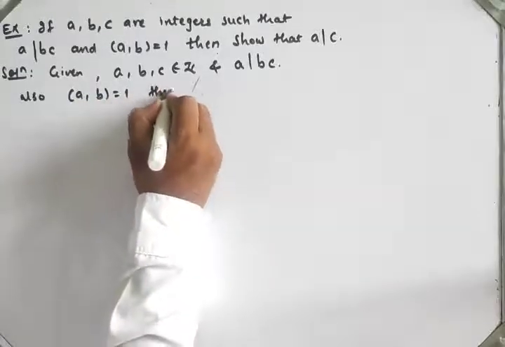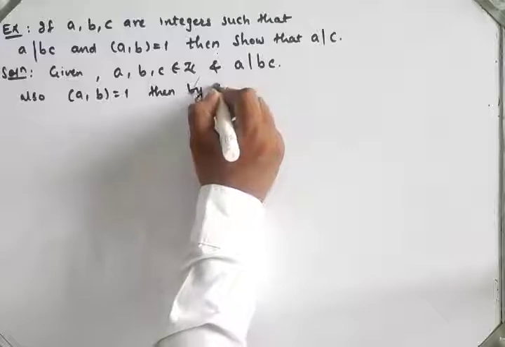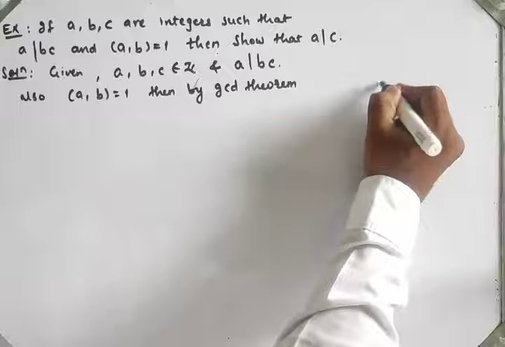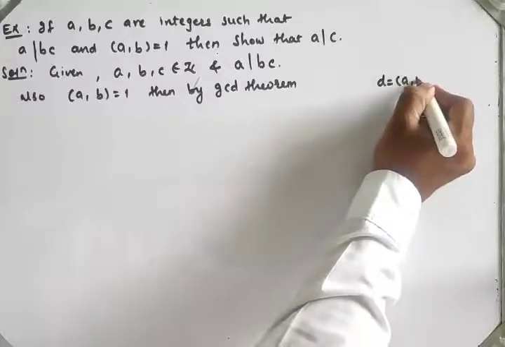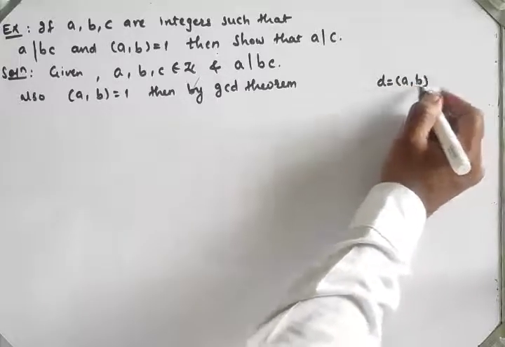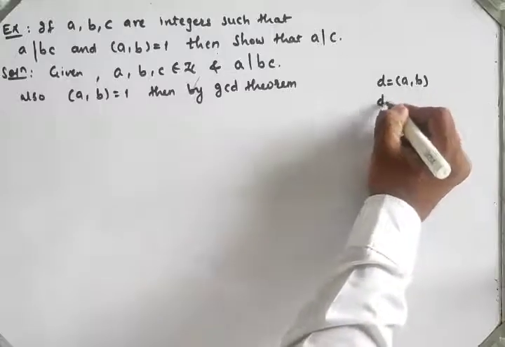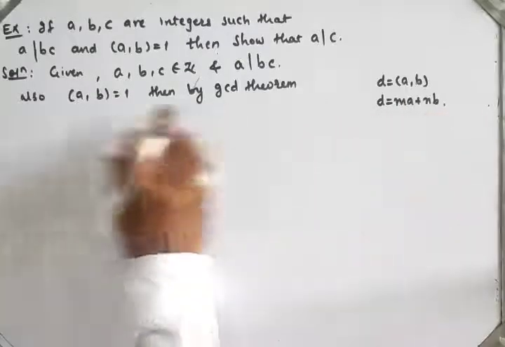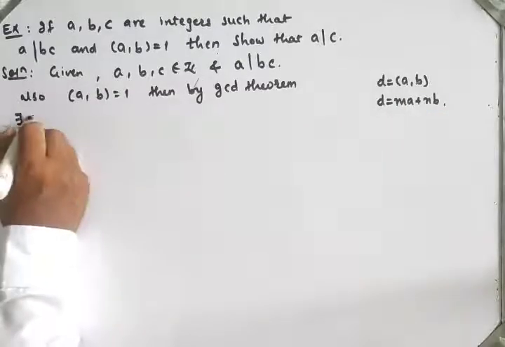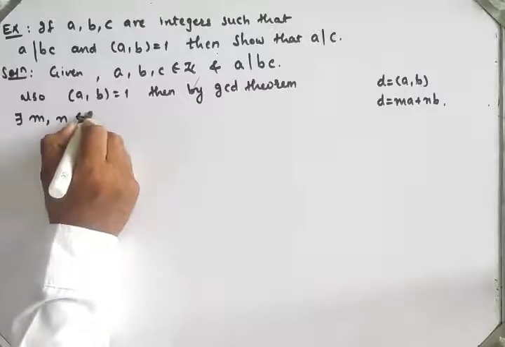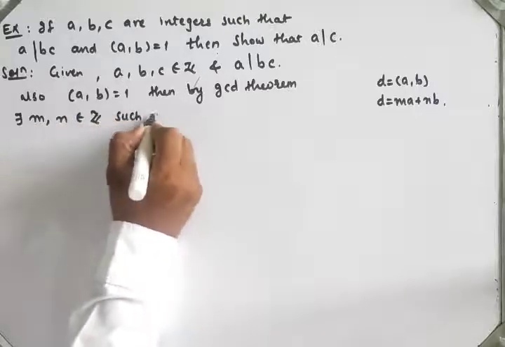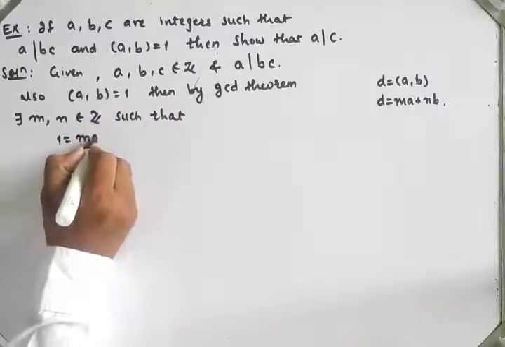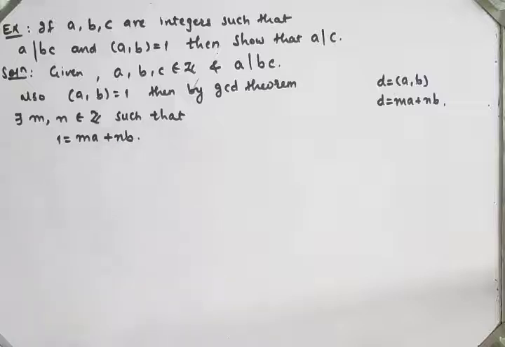Then by the GCD theorem, suppose we have d is equal to GCD of a and b, then there exist m and n belonging to the set of integers such that d is equal to ma plus nb. We have this theorem. So using this theorem, there exist m and n belonging to the set of integers such that 1 is equal to ma plus nb.